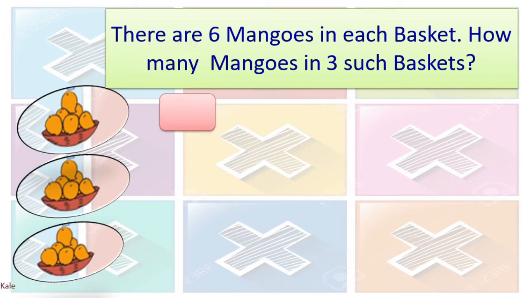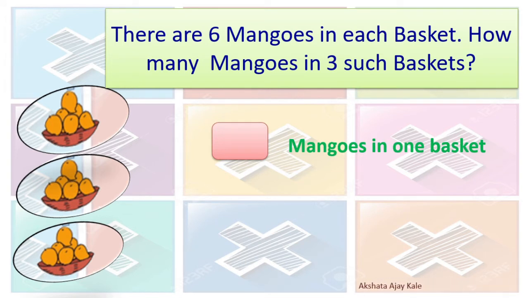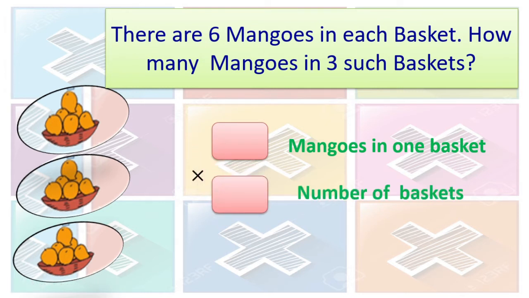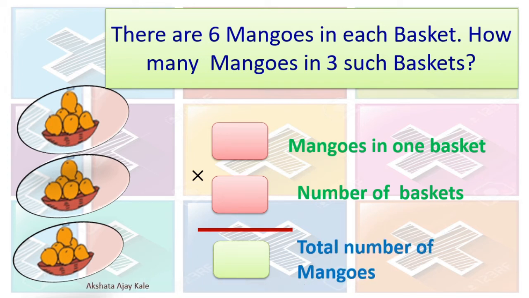Now we will write here the number of mangoes in one basket multiplied by the number of baskets, then we will get the total number of mangoes. Come on dear children, tell me what to write in the first box. Very good. 6 mangoes. How many baskets? Nice. 3 baskets. So 6 threes are 18. Correct. 18 mangoes are there altogether. Very good.